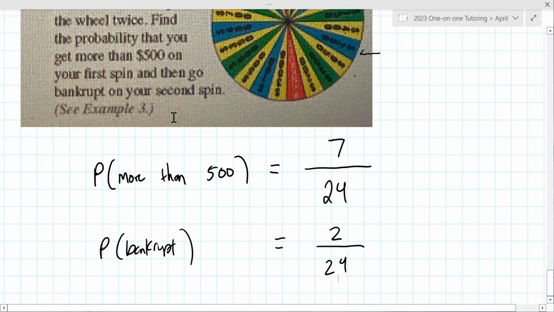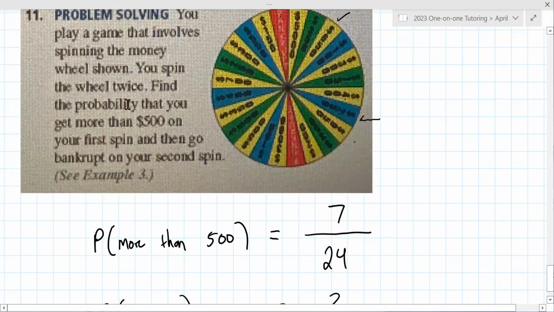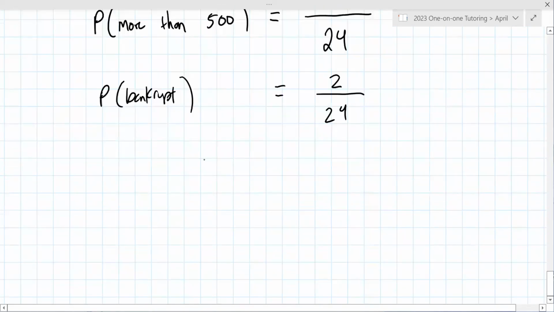Yes. Okay. Now, when it says you find the probability that you get more than 500 on your first spin and then go bankrupt, in this part of the course, and corresponds to multiplication. So you take your probability of the first event, 7 out of 24 for getting more than 500, and multiply it times 2 out of 24. That's your probability: the probability of the first event times the probability of the second event.